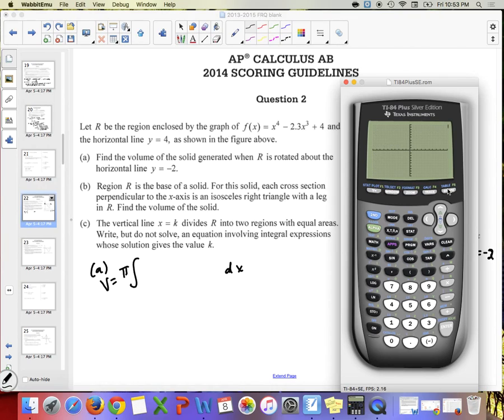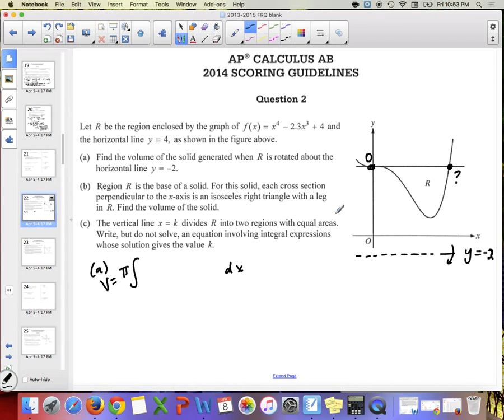So I'm going to hit graph, and I'm going to do second trace, intersect. I can tell they're crossing at 0 already, because if you plug in 0 for the first equation, you do get 4. But I don't know about this other point. All right, so it's crossing at 2.3, 4. That's nice. I don't have to store it, because it's a nice value.